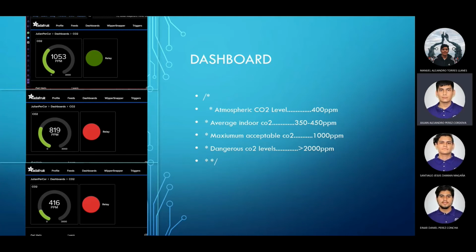In the first one, we have the normal level, the lowest one, 400 ppm, and we can see that the relay is off. Then we try to enclose the space, but we still have normal or acceptable levels. But once we reach 1000, we immediately trigger the relay, so we can lower the concentration of CO2 in that space. Okay, next one, please.